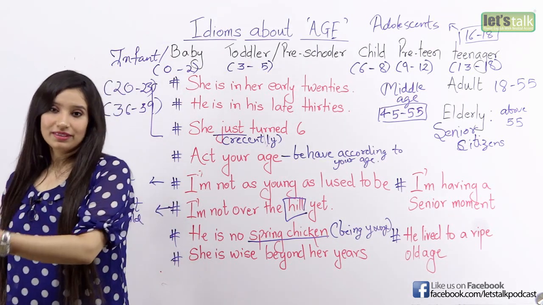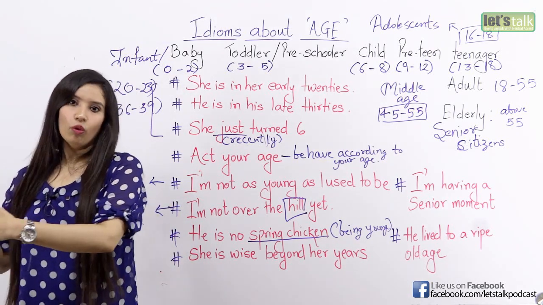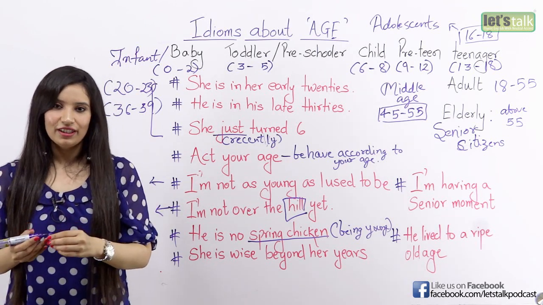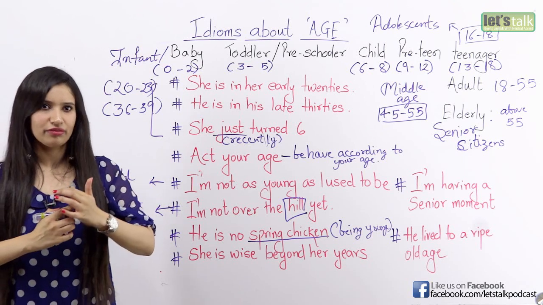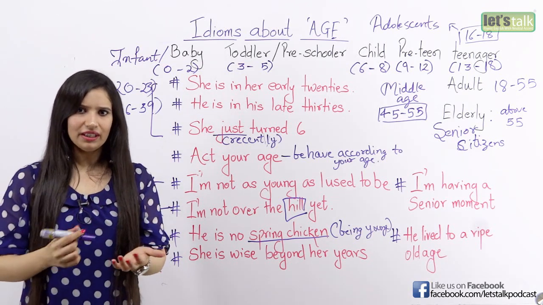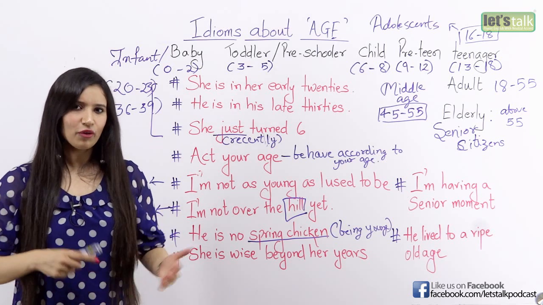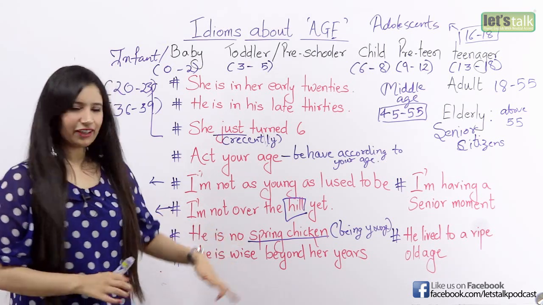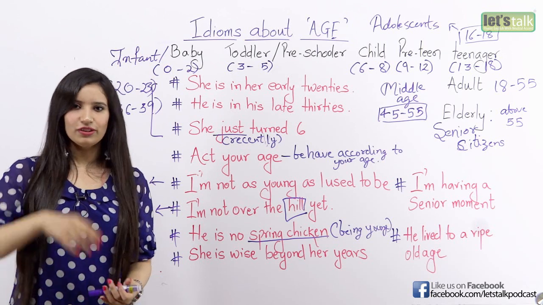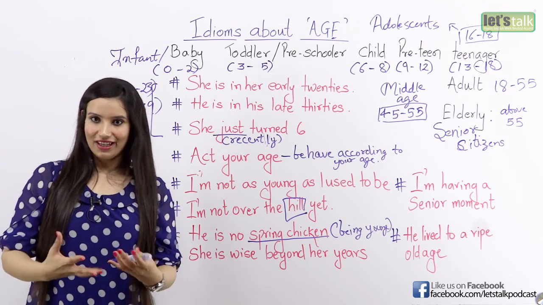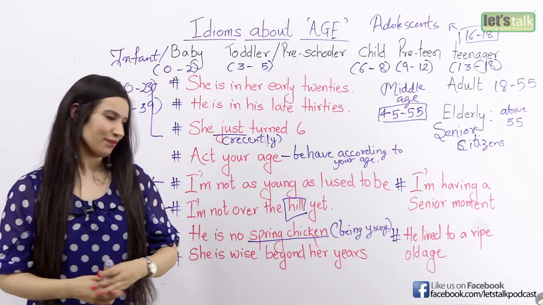So this lady who maybe saw an old man in a club partying, she comes back and tells her friend, I know Mike, but he's no spring chicken. Still, I see him in the club all the time. This is actually a sort of funny phrase. It's used for people who are not young, but who act as if they are very young.